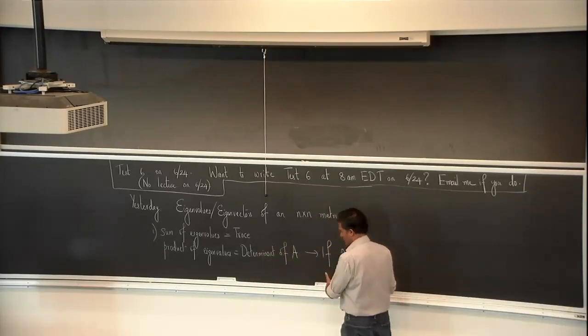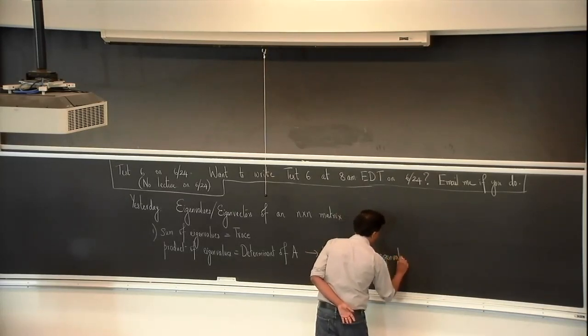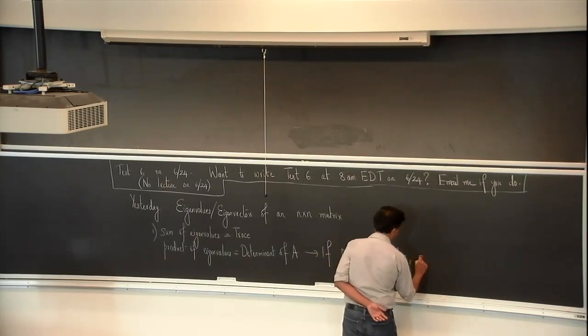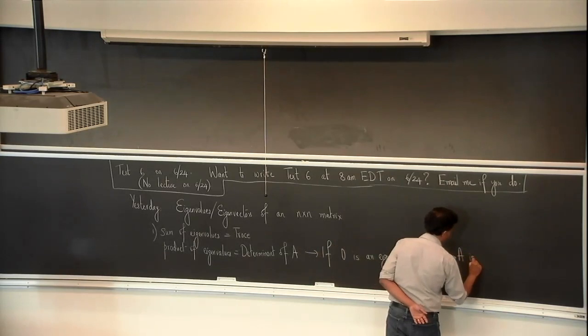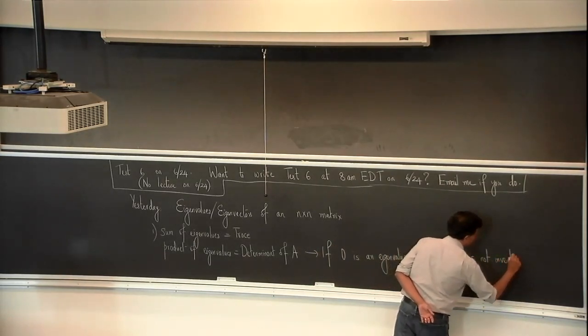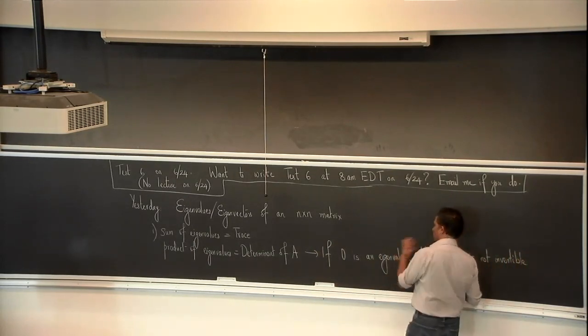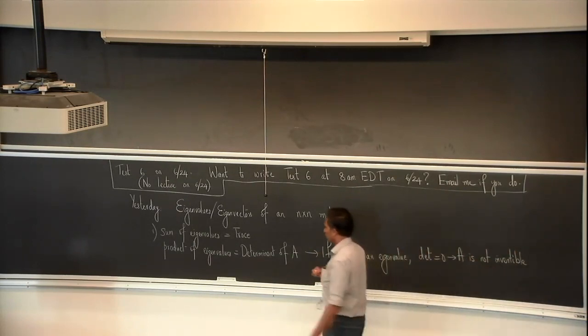Okay, 0 cannot be an eigenvector, but it could be an eigenvalue. Then the determinant would be equal to 0, and the matrix A is not invertible. And you know all the statements that follow after that. So that was one of the things.